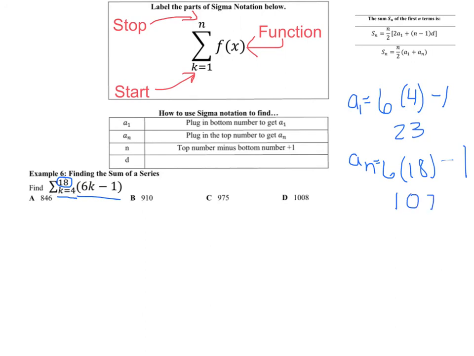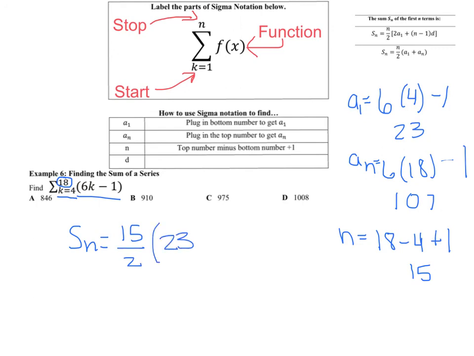Now I can find n. N is going to be the top number, so 18 is our top number, minus the bottom number, which is 4, plus 1. 18 minus 4 gives us 14, plus 1 gives me 15. So now it's literally just plugging our numbers into the equation. So we have S sub n equals n over 2, 15 over 2, times a sub 1, which is 23, plus a sub n, which is 107.